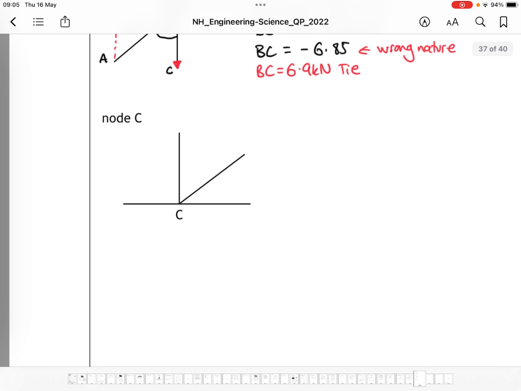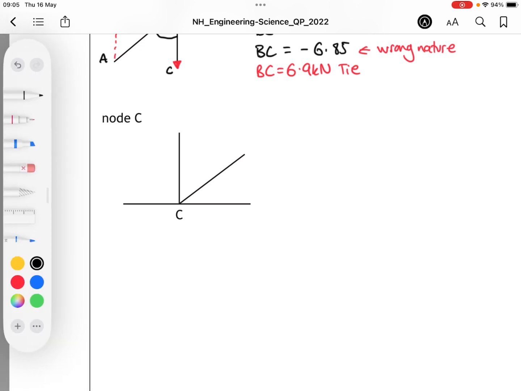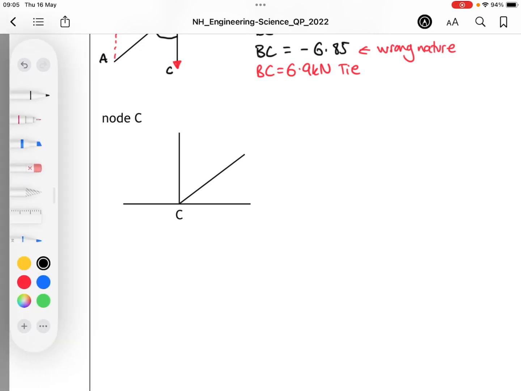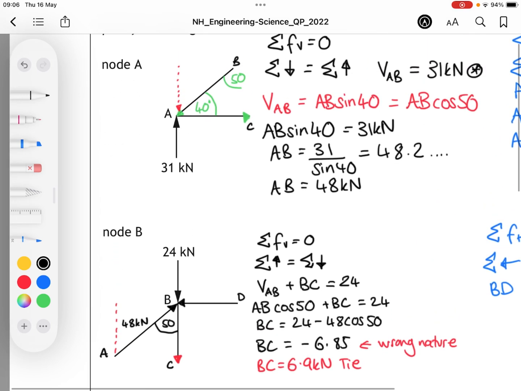And here, when we look at node C, we've got a lot of information now that we can add to help us. So we know that BC is a tie, and we know that AC is a tie as well.